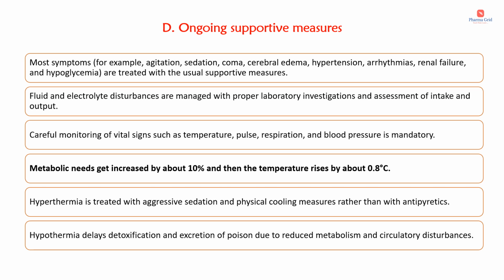Metabolic needs increase by about 10% for every temperature rise of about 0.8 degrees Celsius. Hyperthermia, an increase in body temperature, is treated with aggressive sedation and physical cooling measures rather than with antipyretics. Hypothermia, a decrease in body temperature, delays detoxification and excretion of poison due to reduced metabolism and circulatory disturbances.